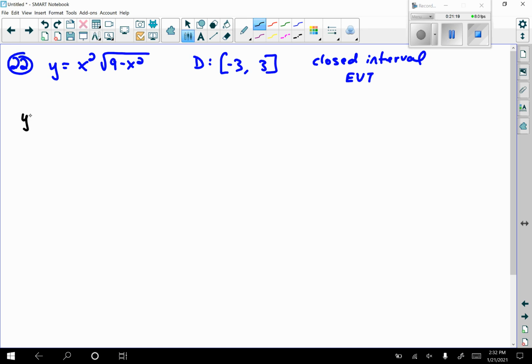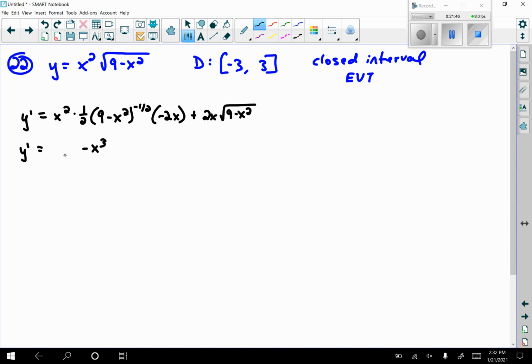So let's find our first derivative. uv prime becomes x squared times 1/2 times this quantity to the -1/2 times the derivative of the inside stuff, plus v, and then u prime is just going to give us a 2x, so we can say 2x times the quantity 9 minus x squared. So cleaning this up, just like number 11, we're going to get a negative x cubed up top.